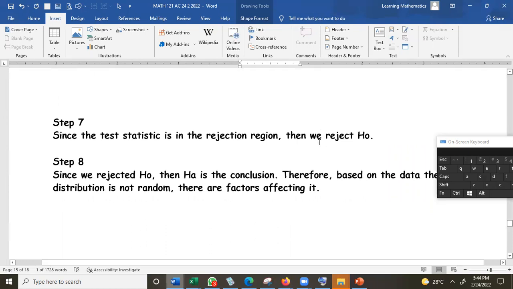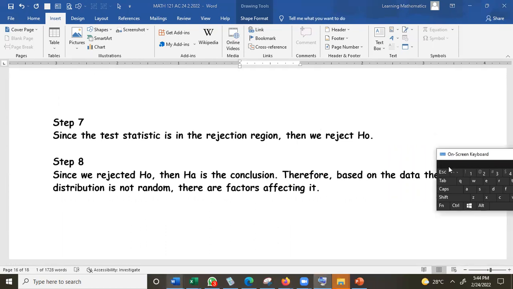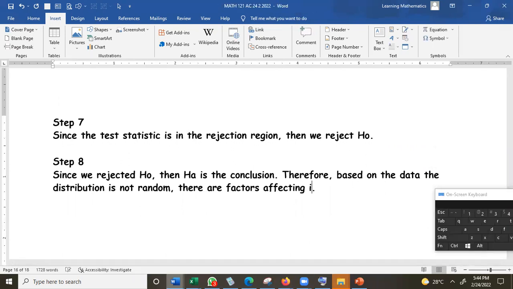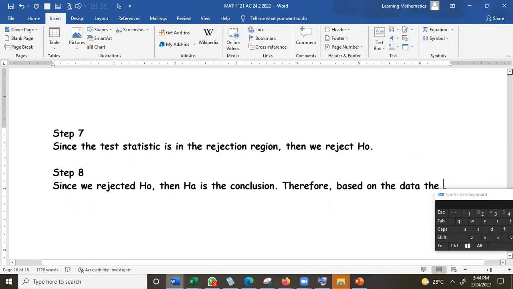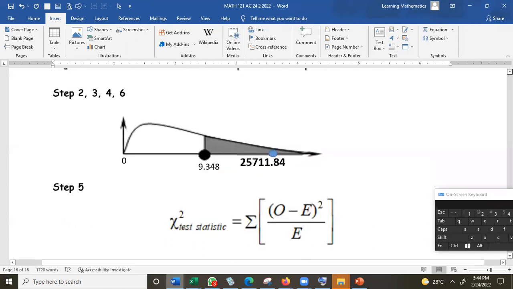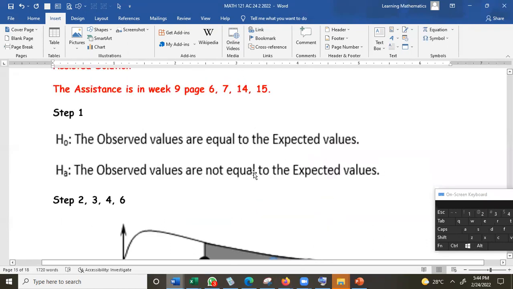So this stands. Since we rejected the null, then the HA is the conclusion. So based on the data, now we have a different HA. Remember, it's variation we're testing for now. So we have to quote what the HA is saying. What's our HA saying? Let's go back to the HA. Remember, you always start with 2 hypotheses. One will be the conclusion. So we rejected H0, so HA is the conclusion.